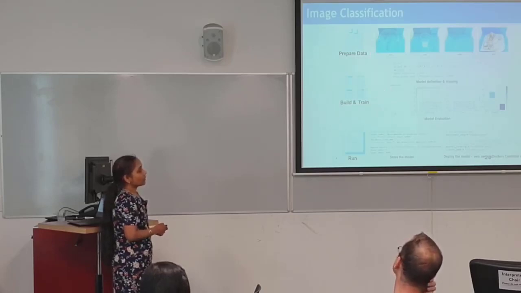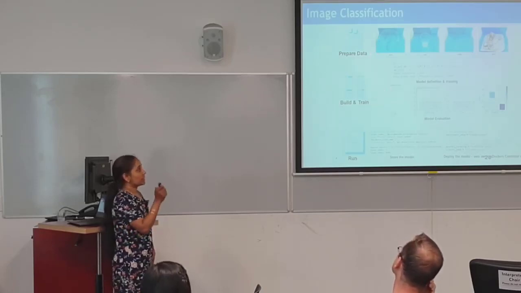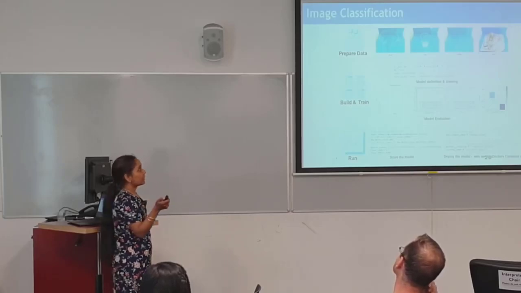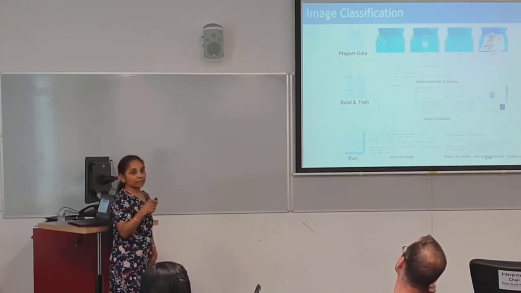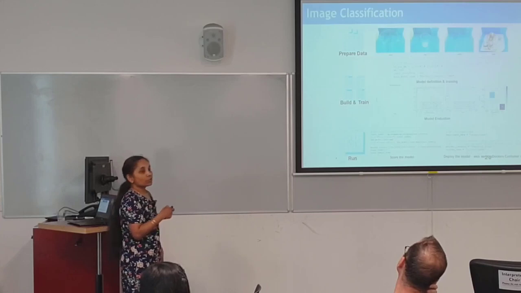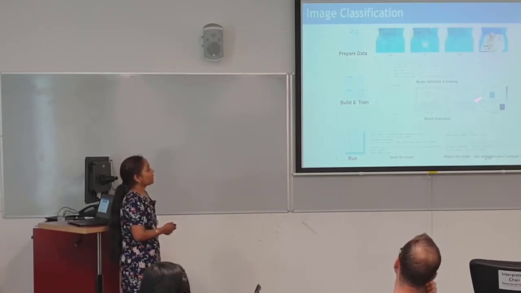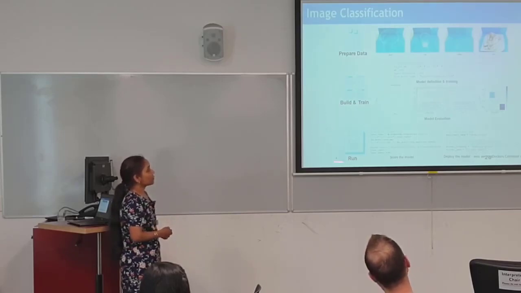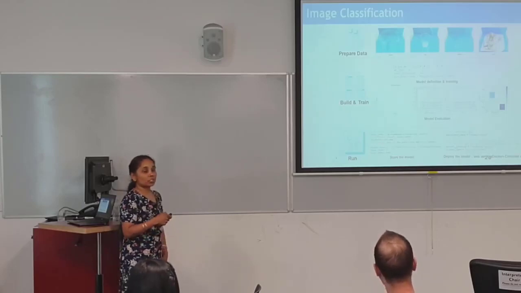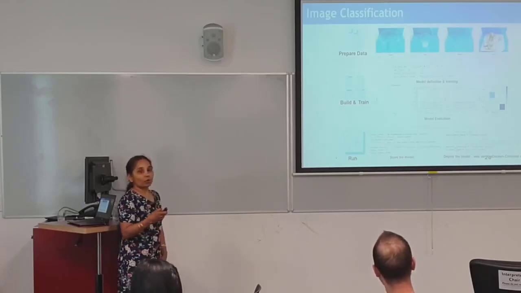After you prepare, then you build and train. For building and training, you upload those images with different tags so that the machine learns. And then you train. It's very simple. I'll show you how to do that. Once it is trained, it gives you the score of the model. If you are happy with the score, then you can deploy the model.